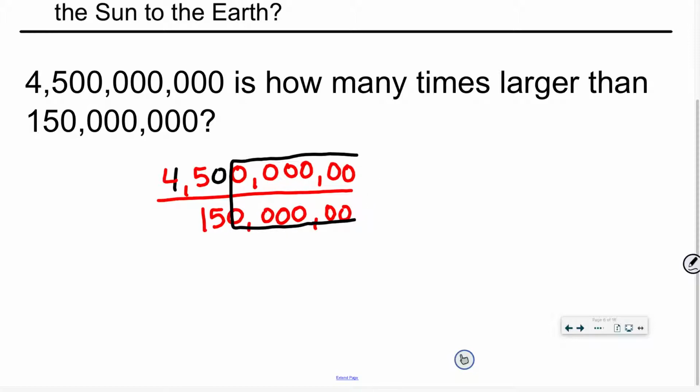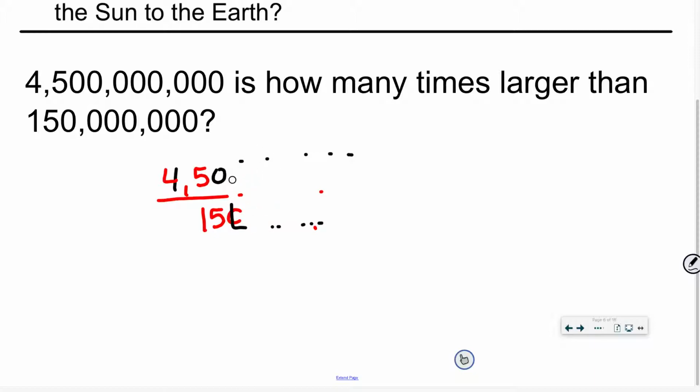And then if I divided by another 10, and another 10, another 10, another 10, another 10, and another 10, I've now simplified this fraction. What simplified fraction do I have now? Yeah, I have 450 divided by 15.